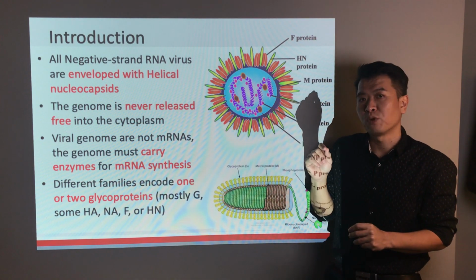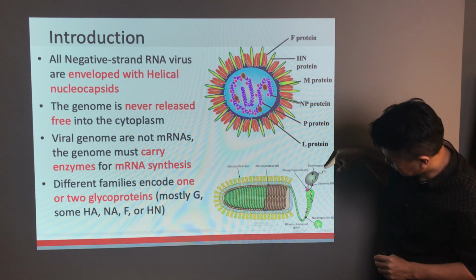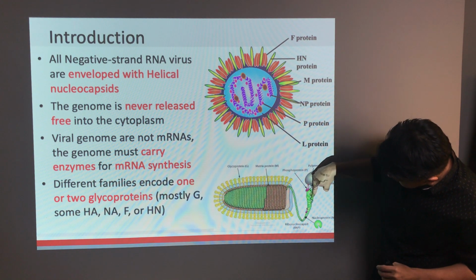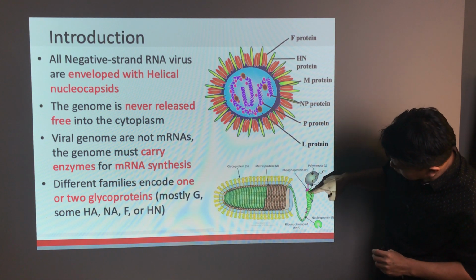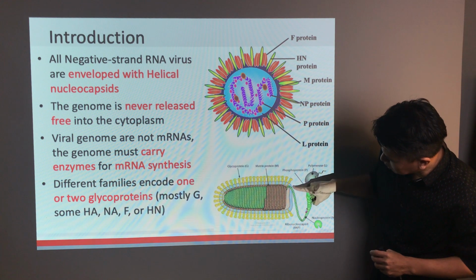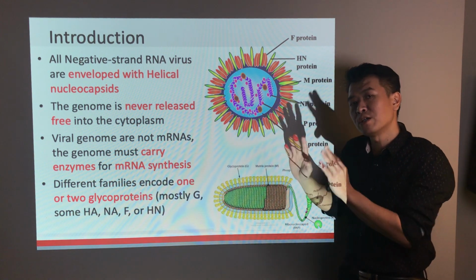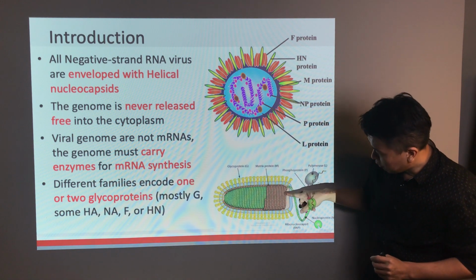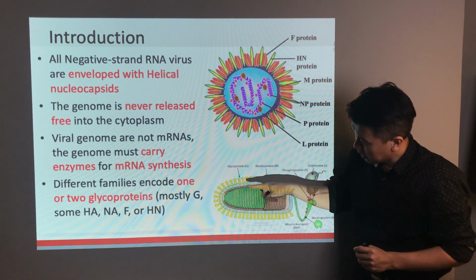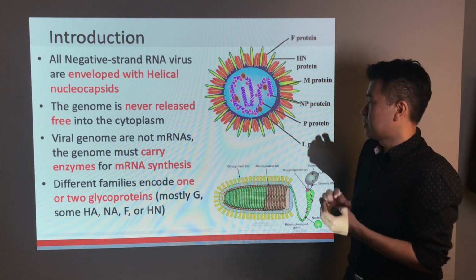This nucleocapsid protein binds to the RNA, as we can see here, and surrounds the RNA from the very first nucleotide all the way to the end, forming a helical shape inside the virus.